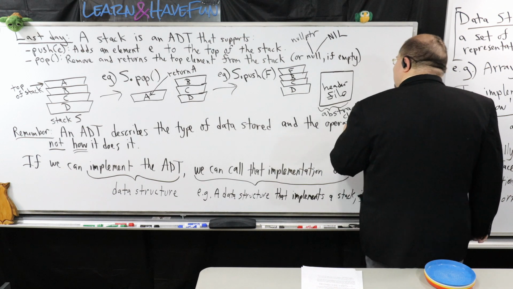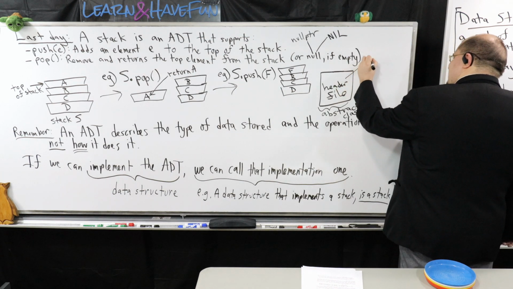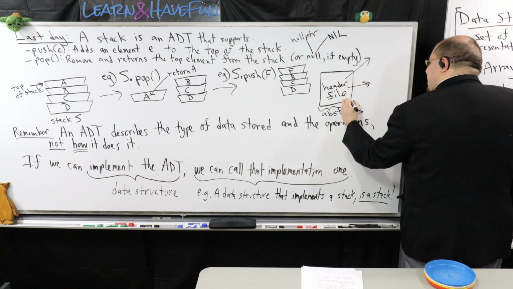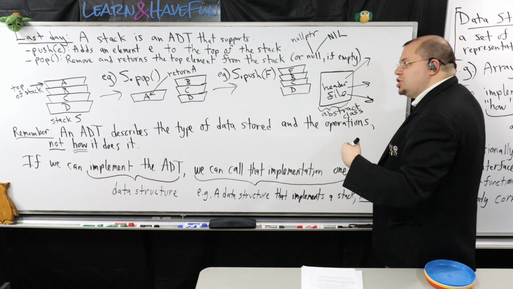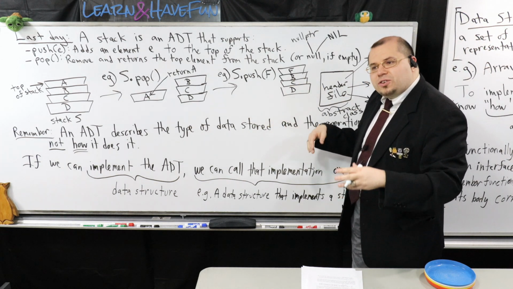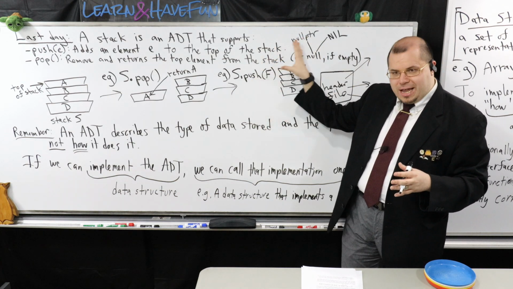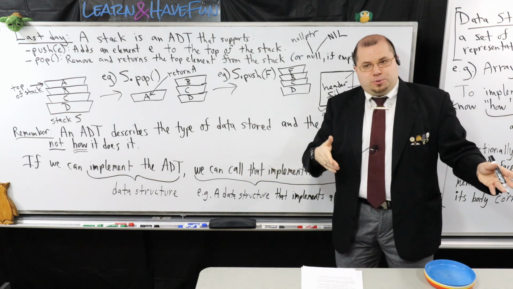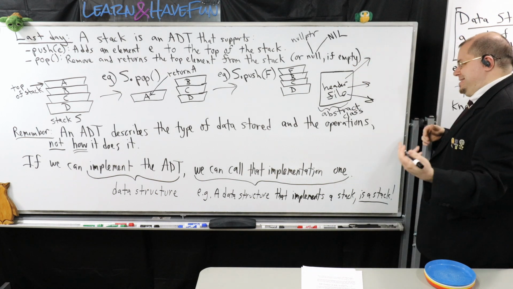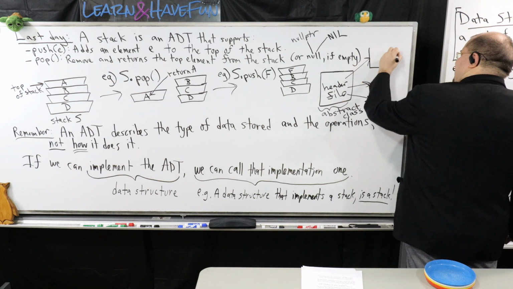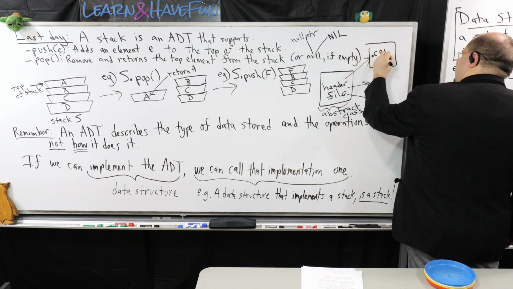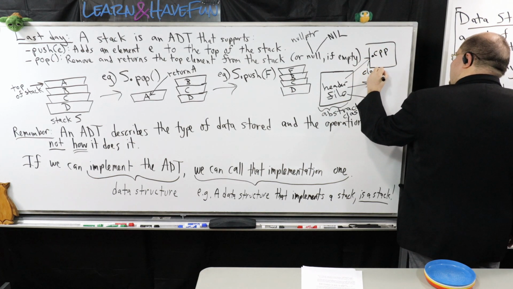But here's the interesting thing. You could think of the header file like the specification, just like the ADT. So from a software standpoint, you can imagine I have my specification, and now I want to actually implement it. So you would have naturally a CPP file that has a class.